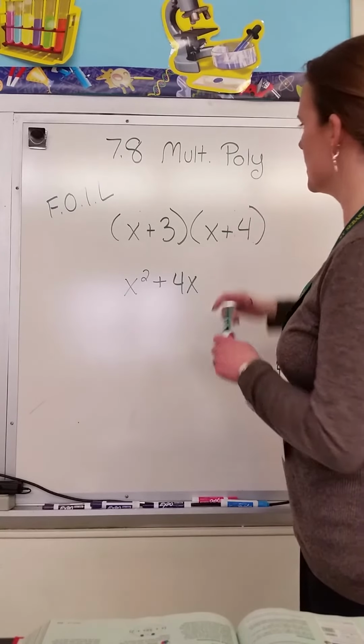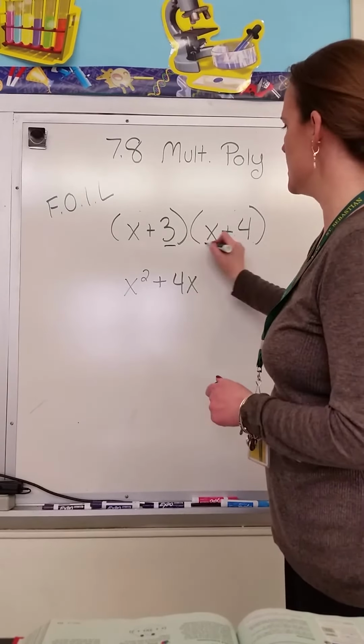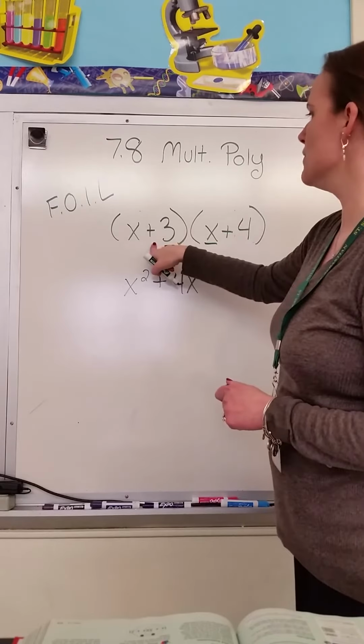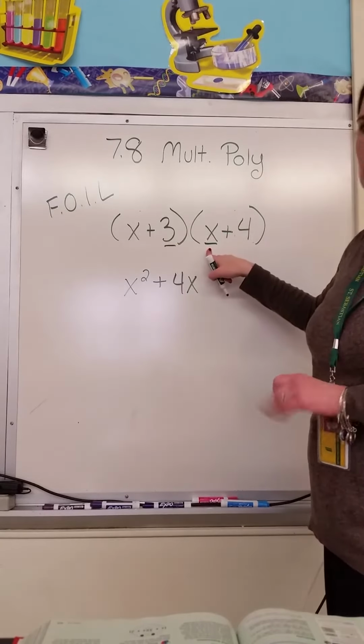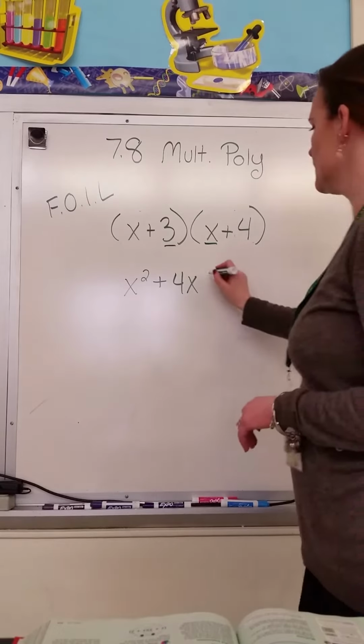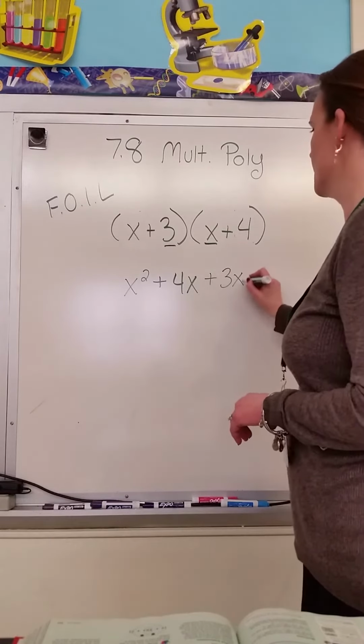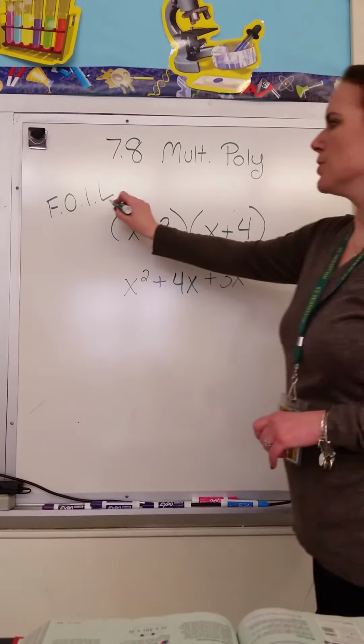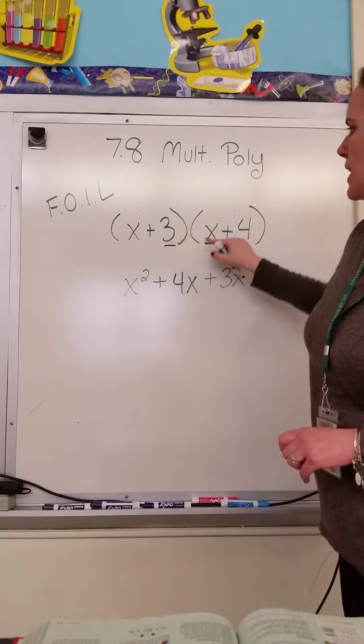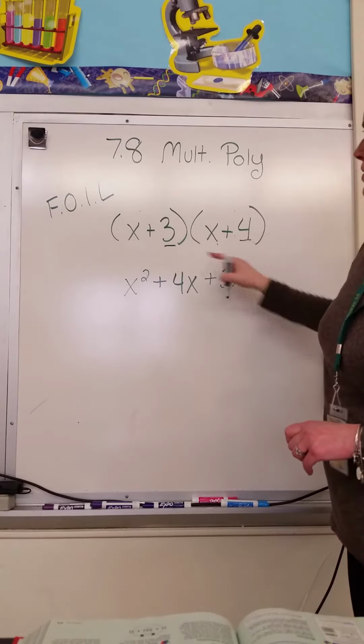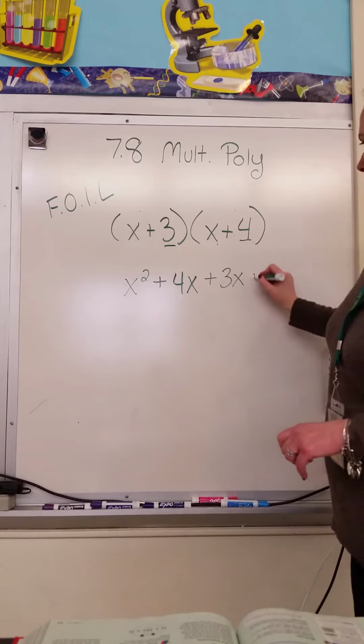This is inside, this is inside. So it's a positive 3, positive x, make sure you're always watching signs, plus 3x. Then you do your last. The 3 is last there. The 4 is last here.